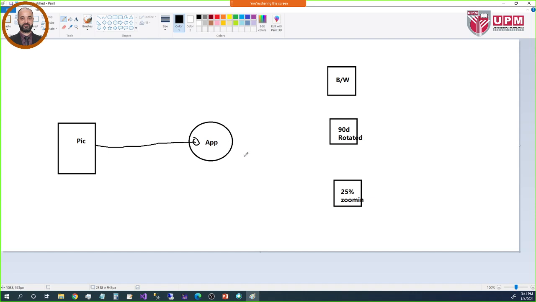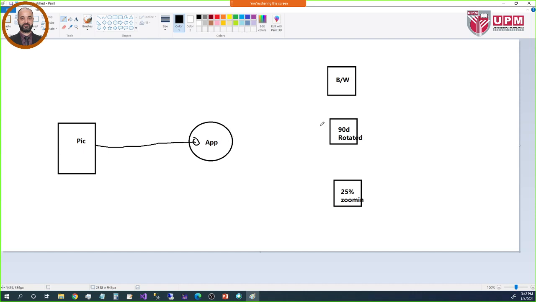Then after that, if the application is sequential based, then at a time it will take the data of the picture and run the process of converting that picture to black and white. After it finishes, it will again take the same picture and rotate it by 90 degrees.